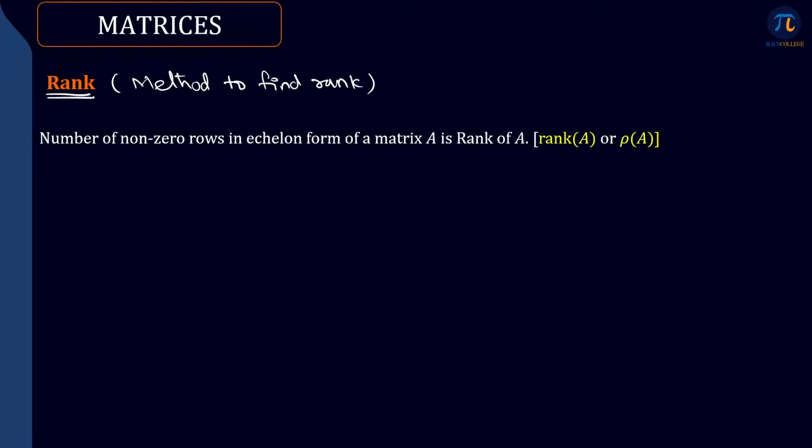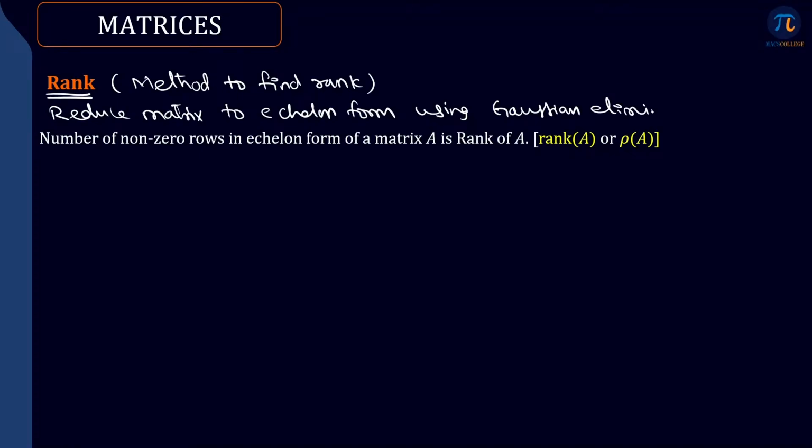Reduce matrix to echelon form using Gaussian elimination. That is Gauss forward elimination or simply Gaussian elimination. Then the number of non-zero rows in the echelon form of a matrix is called rank of it.